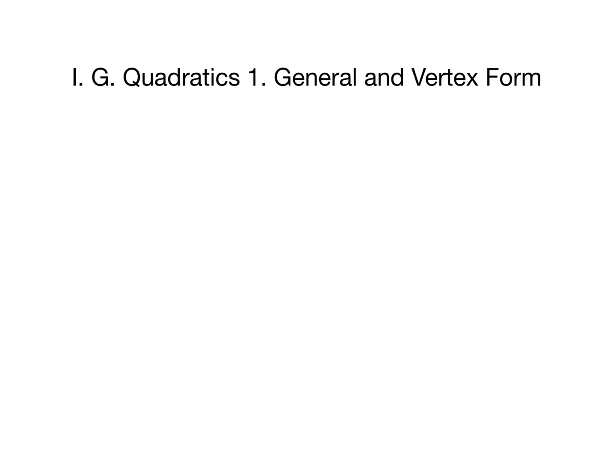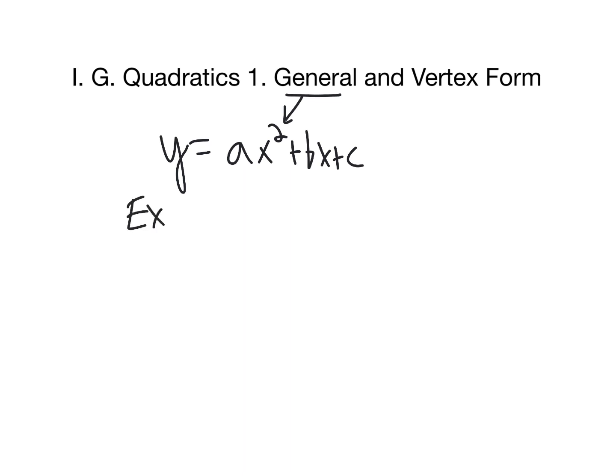The next thing we talked about was quadratics, general and vertex form. So general form for a quadratic would be like y equals ax squared plus bx plus c. So for example, y equals 2x squared minus 3x plus 4.